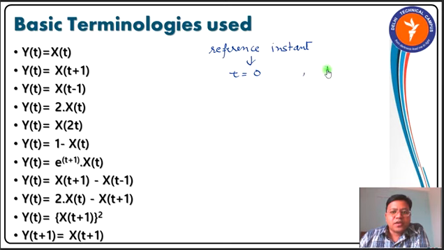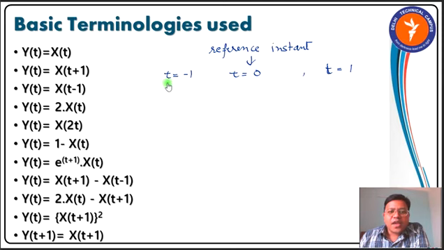Say if at t equal to 1 I bring some changes into the system, then t equal to 1 will become my reference instant, and this will be the reference instant in future if I consider this to be the reference instant. Similarly, I may have a reference instant at t equal to -1.